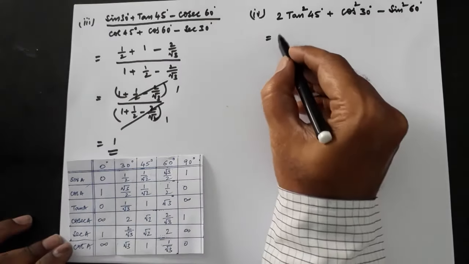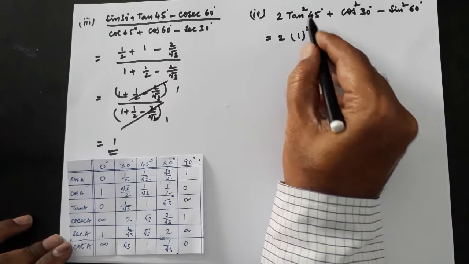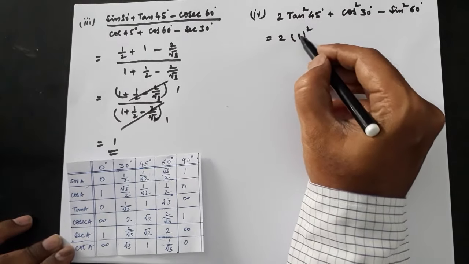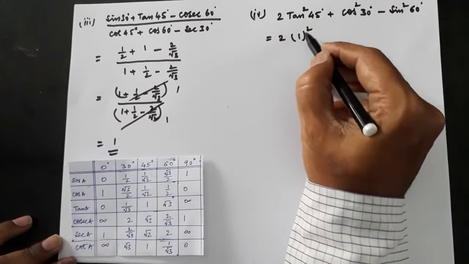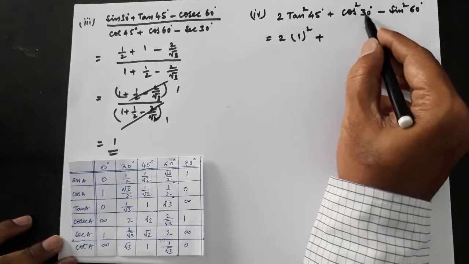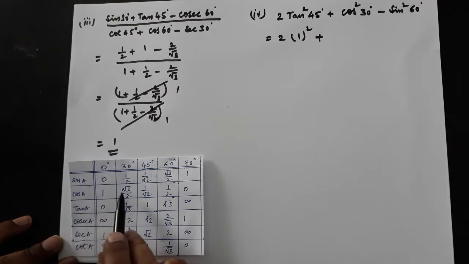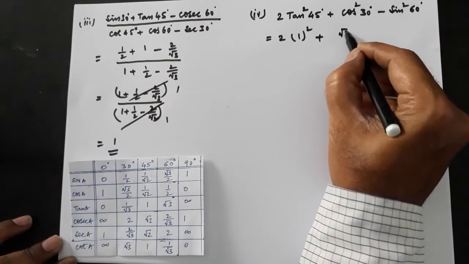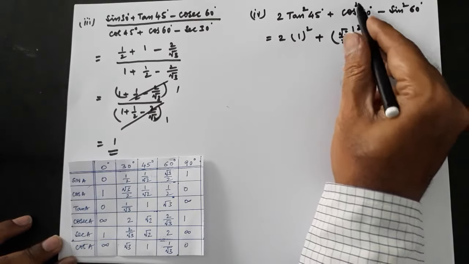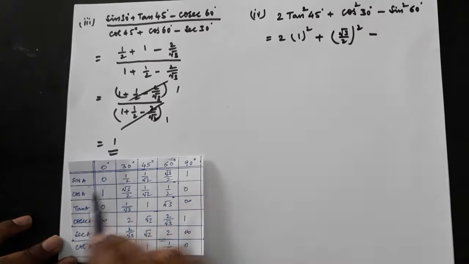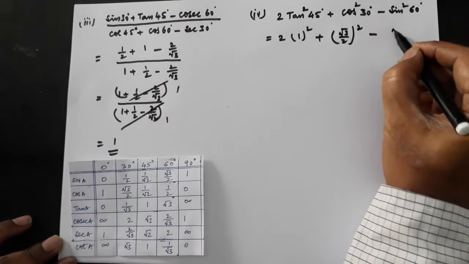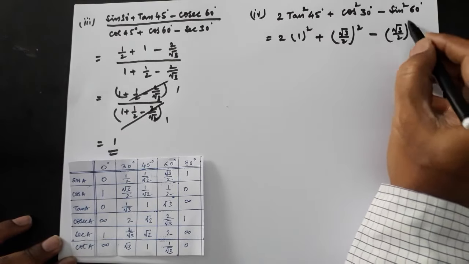It is 1. So 2 into 1 square; we have square, tan square. Tan 45 is 1, square, plus cos 30. Cos 30 is root 3 by 2, root 3 by 2 square. Minus sin 60. Sin 60 is root 3 by 2 again, root 3 by 2 square.